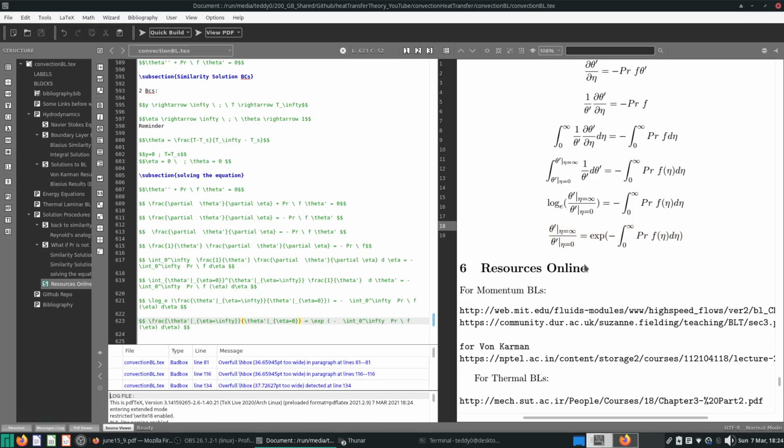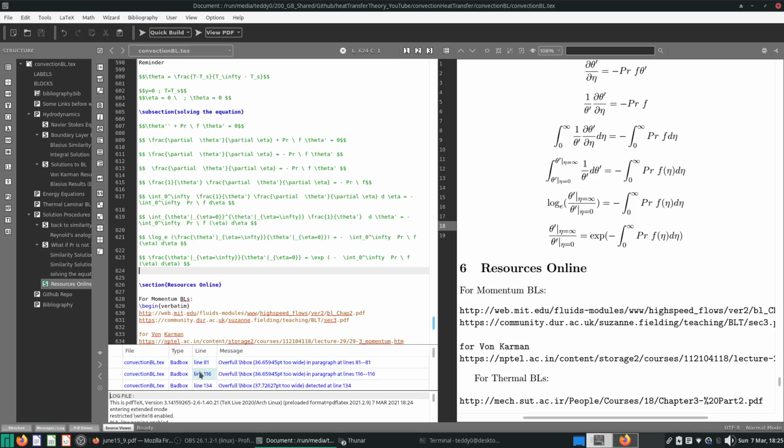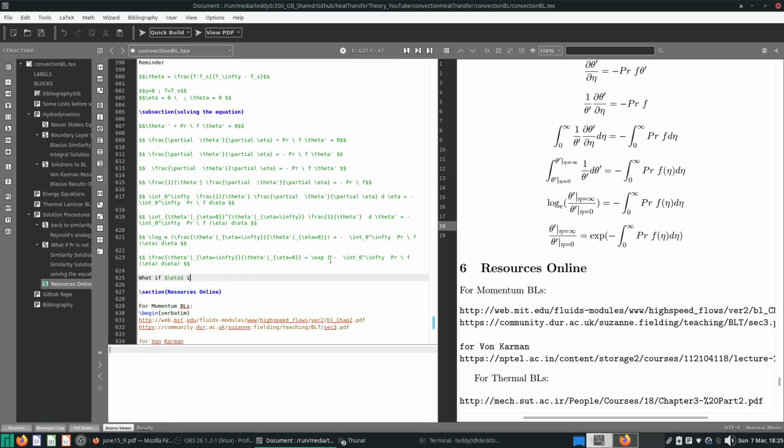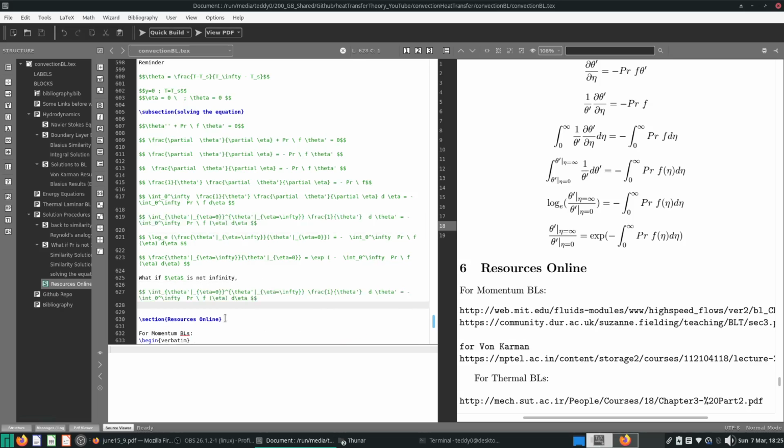Well, this is one way of doing the equation for sure, but maybe I should not have integrated it as such. But let's put it this way. What if, I mean, this is not very helpful. Eta is not infinity. All right. So we will do the same integration, like so.